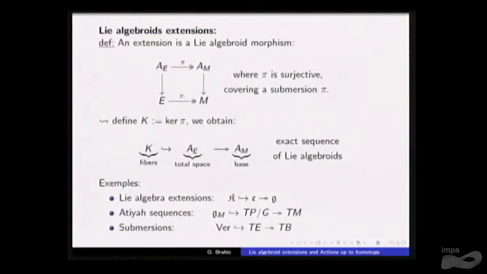The first example is over a point, and this one is a transitive Lie algebroid over M, so both are over the same base.